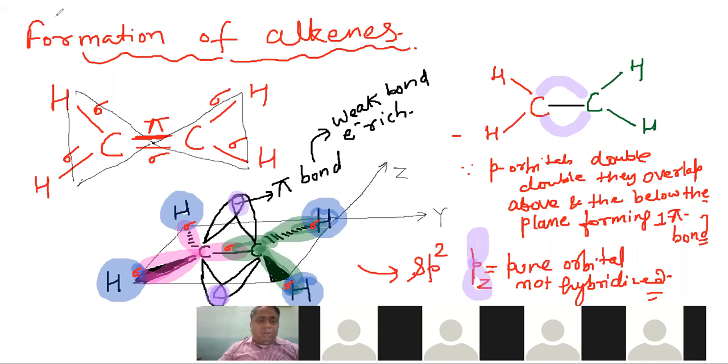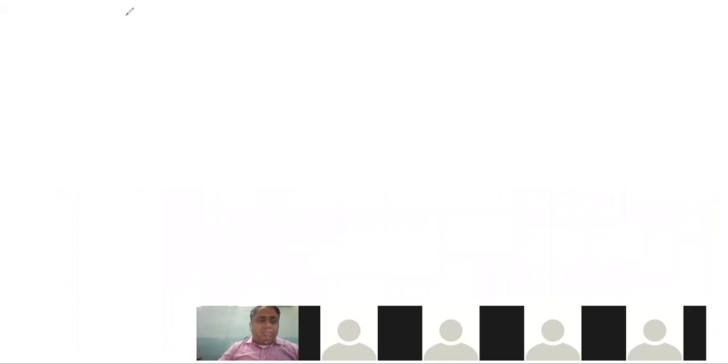So we'll see the structure of alkynes, the formation of alkynes. In alkynes, what happens? A triple bond is there.